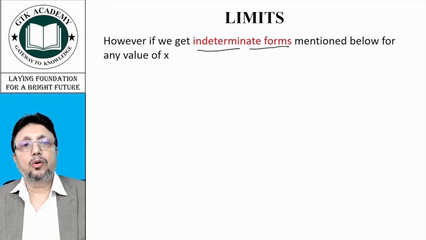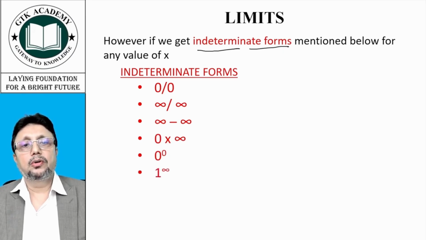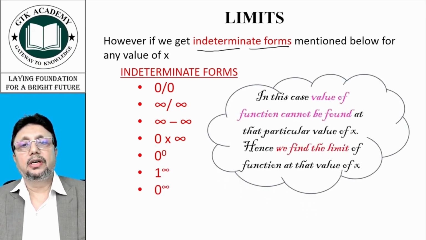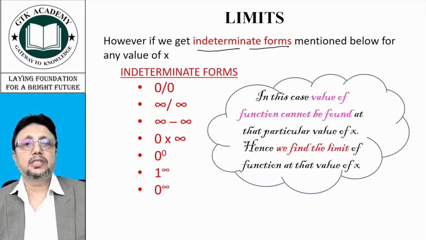What are indeterminate forms? 0/0, ∞/∞, ∞ − ∞, 0 × ∞, 0^0, 1^∞, ∞^0. These indeterminate forms are 7 in number and are depicted here.